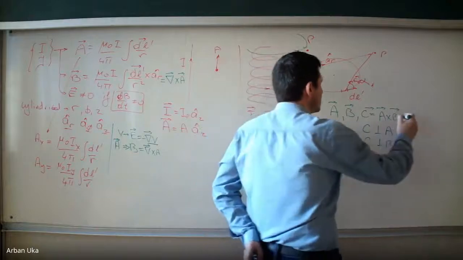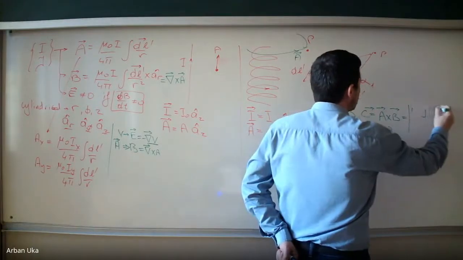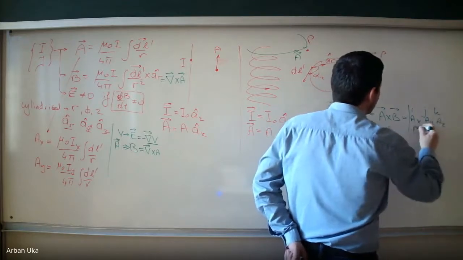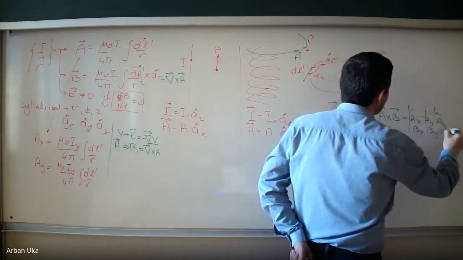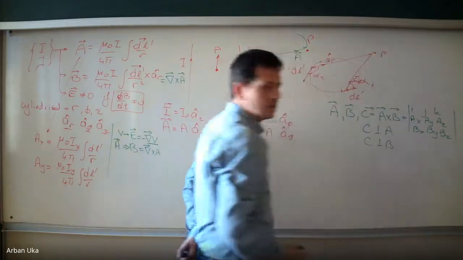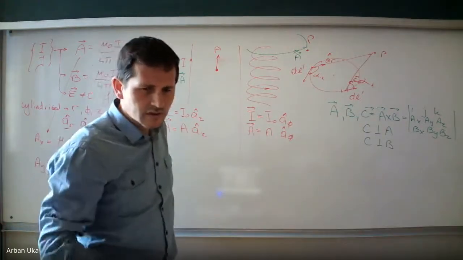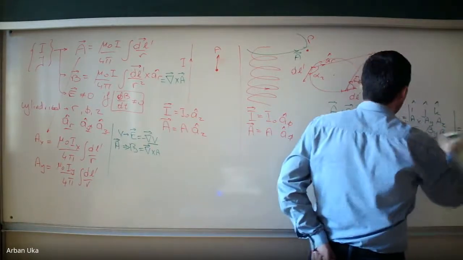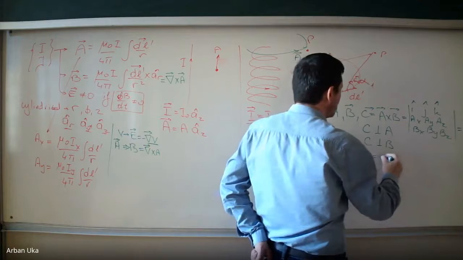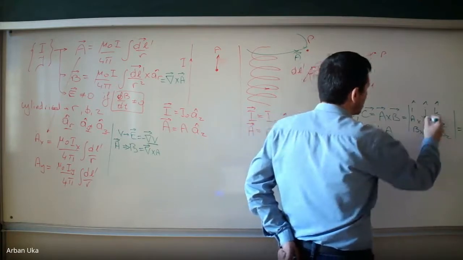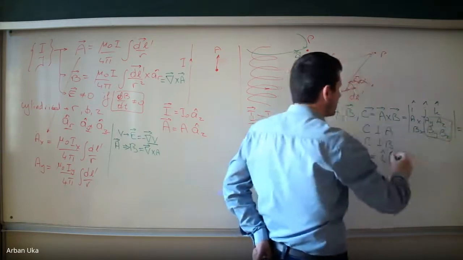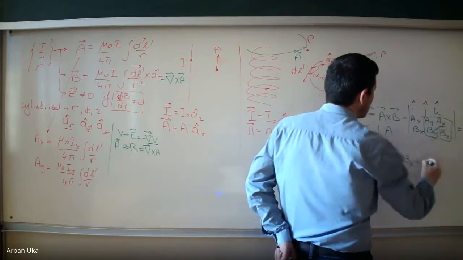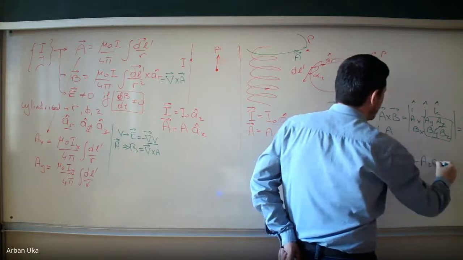And how do we do the cross product between A and B? We can say that this is equal to, here i, j, k, this is Ax, Ay, Az, Bx, By, Bz, each respective component along the three coordinate systems. This would be equal to i times the determinant of this little thing, which is Ay Bz minus Az By, and so on.